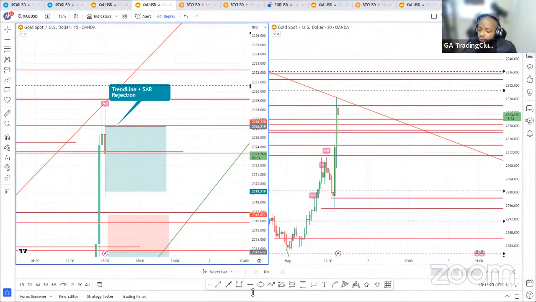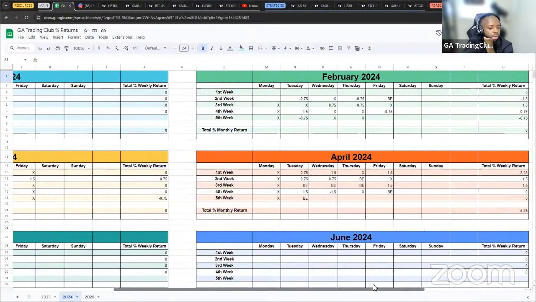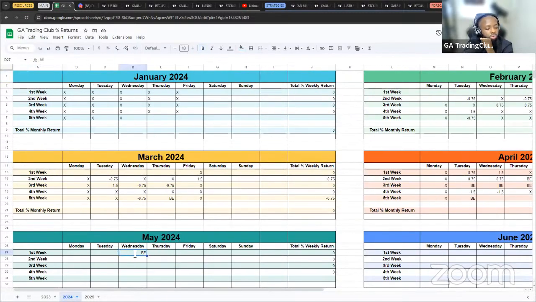And what we'll do here is update the results. What am I thinking here? So today took break even. The first trade today, May 1st, was a morning trade for US30 and was a break even trade. Then we had a loss for US30 on the live session of FOMC. That brought us to minus 0.75.